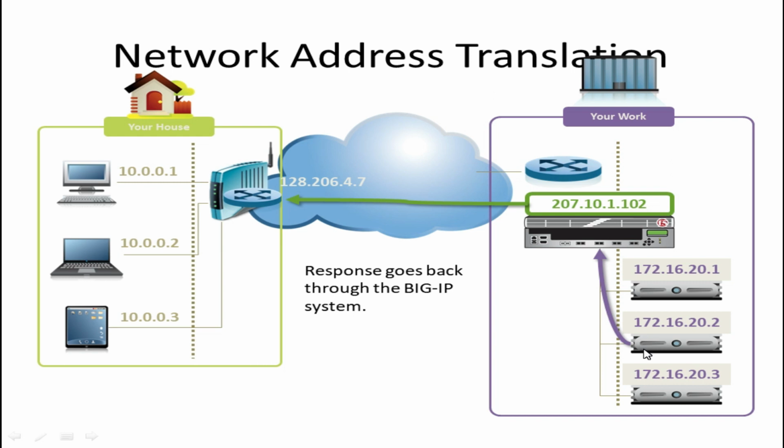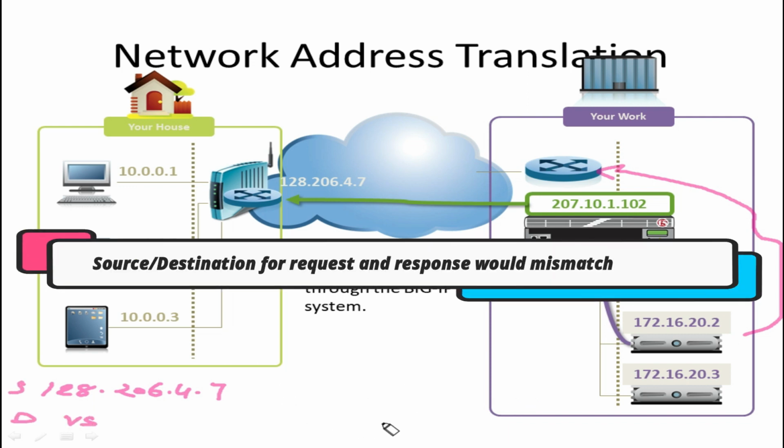But what if the default gateway of my backend server is not my BIG-IP, and the default gateway is just going through the router, whatever term you want to say? If my default gateway is the router, how will the request go? Let us suppose our source packet has this kind of source, and the destination would be my virtual server IP address.